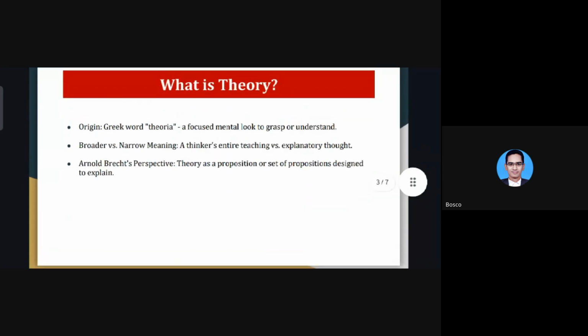Second, the word theory is brought from the Greek city state word theria. Theria means a focused mental look to grasp or understand. It means you need to have a focused ability to grasp or understand something, and that's what these philosophers did.